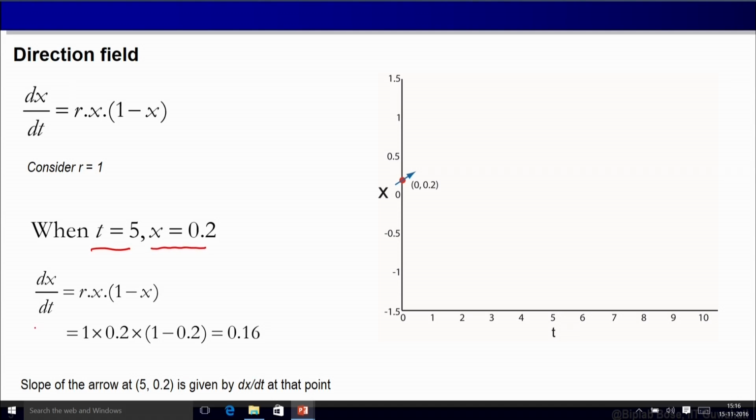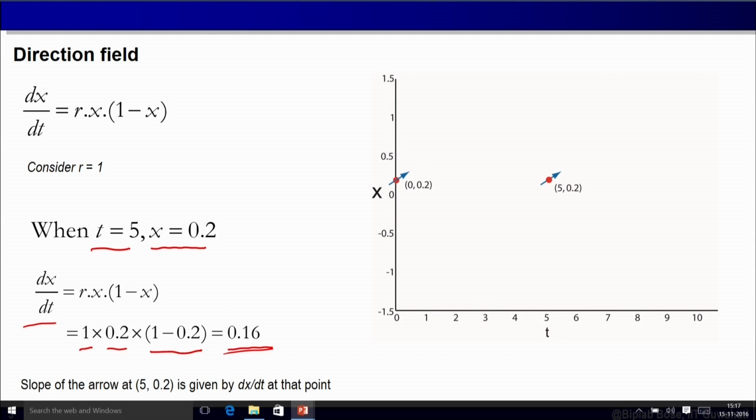Let us calculate what is the value of dx/dt at that point. R is again 1, x is 0.2, 1 minus 0.2, that is 0.8. You don't have any t term in this equation. That means this is not affected by t. So obviously I get the same value, dx/dt equal to 0.16. Let us put that point in this space and put an arrow having a slope 0.16. So that's what I have done here.